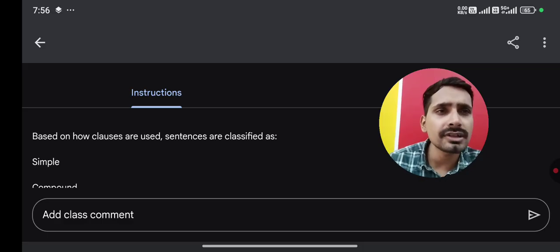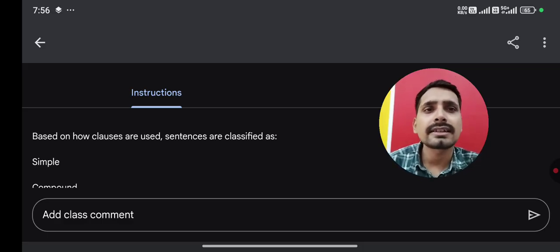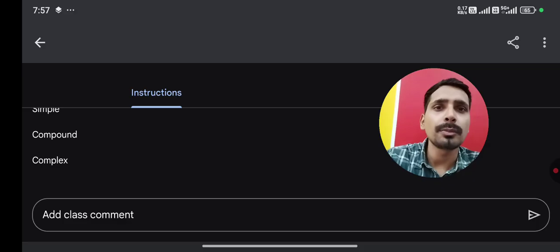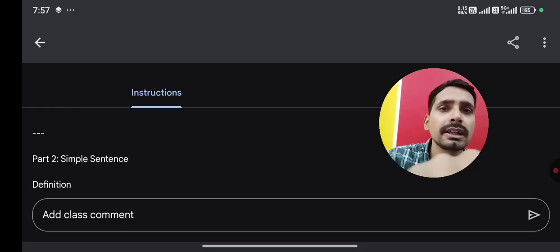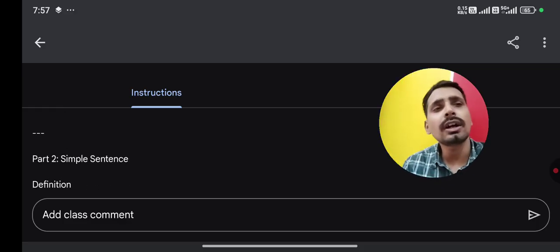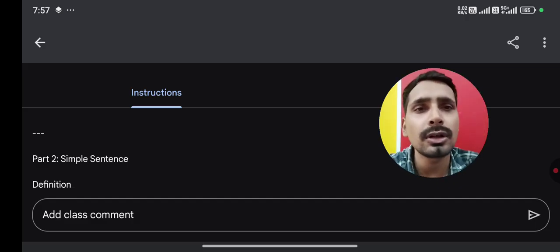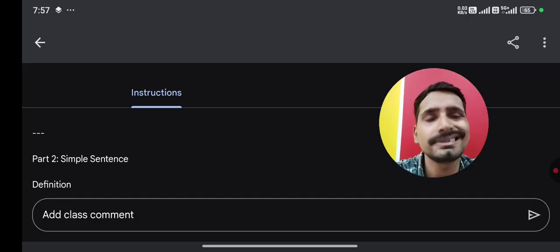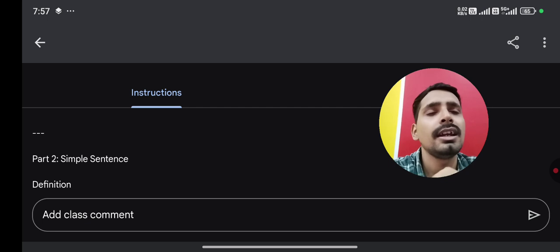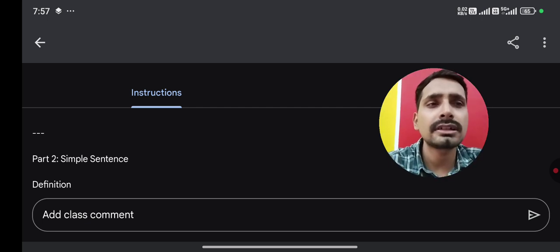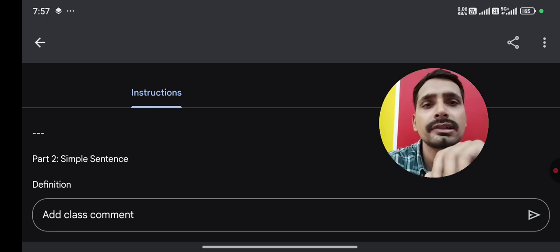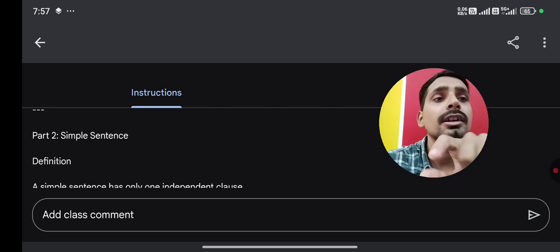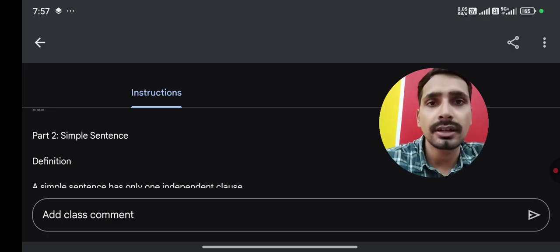Based on how clauses are used, sentences are classified as simple, compound, and complex sentences. That is why earlier we studied the topic called clauses. If we don't know about clauses, it is a little bit difficult to understand these three topics: simple sentence, compound sentence, and complex sentence.